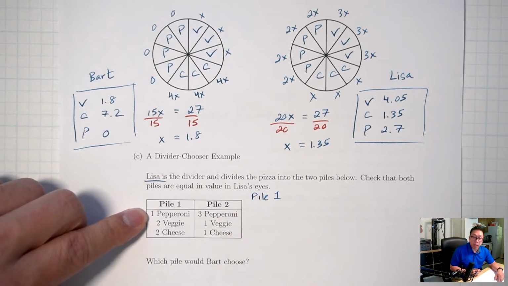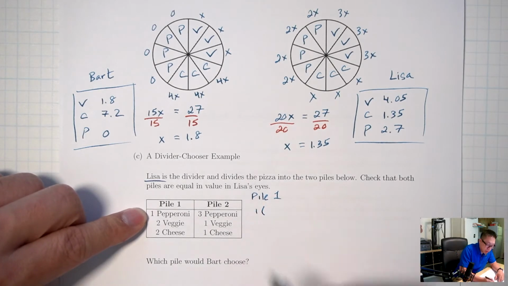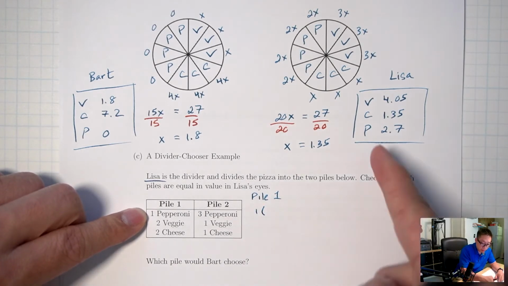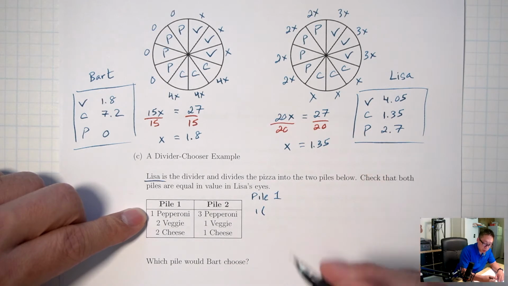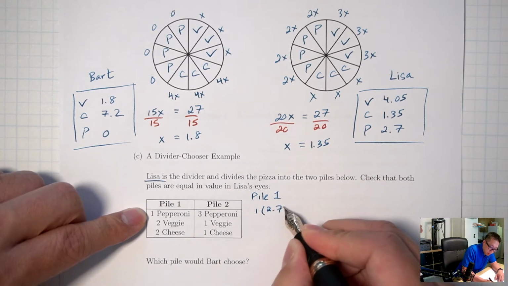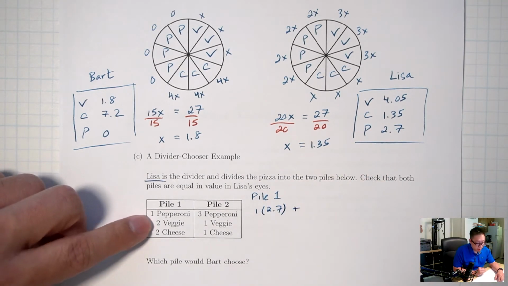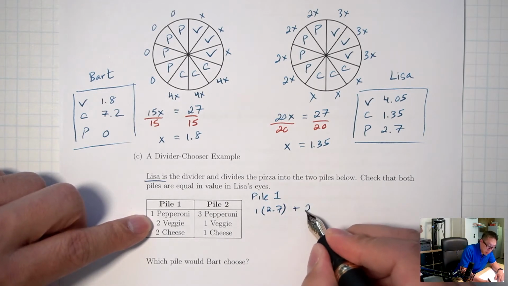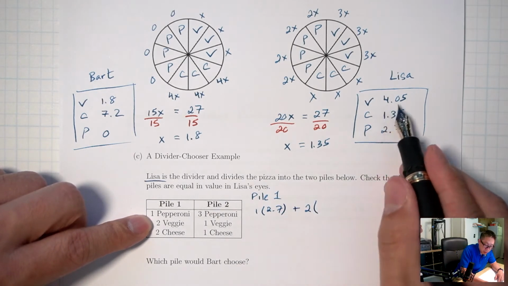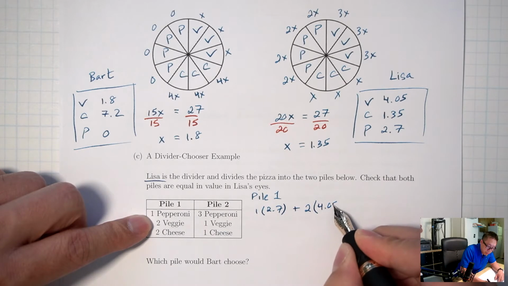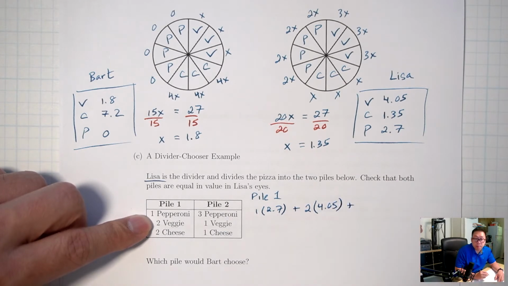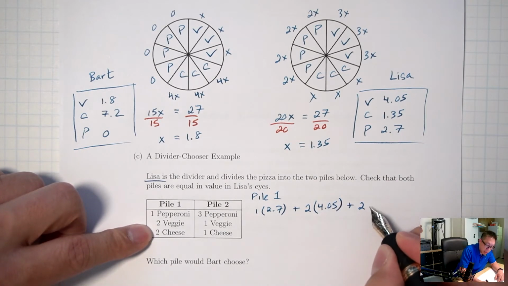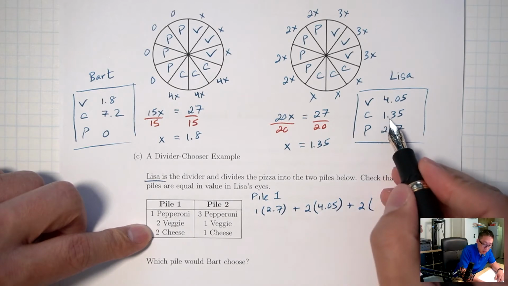So pile 1 has 1 pepperoni, so 1 times the value of pepperoni for Lisa. Lisa valued pepperoni 2.7. Plus 2 veggie, so 2 times the value of the veggie, so 2 times 4.05. Plus 2 cheese, so 2 times the value of the cheese for Lisa, which is 1.35.